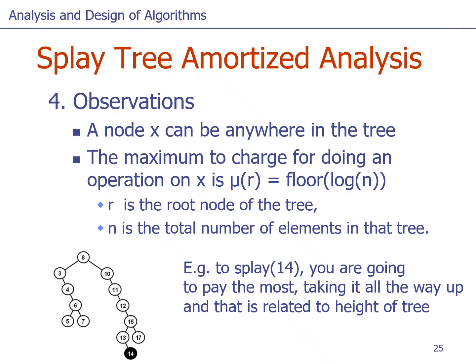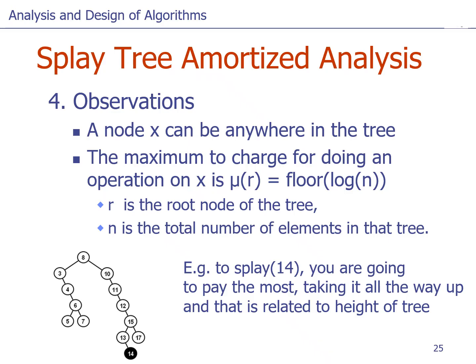So the maximum is when x is at the bottom, which is the case shown in the figure at the left bottom of this slide. If x is at the bottom of the tree, that will be the largest amount of money I will pay, and that is actually the floor of log n. I will call that mu of r, where r is the root node of the tree, or mu of the root.